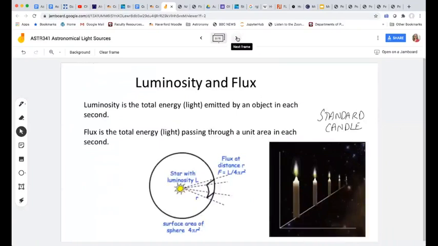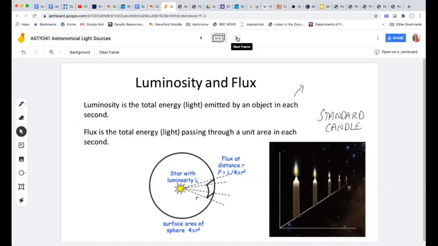Okay. And a reminder also about luminosity and flux. So luminosity is going to be the total energy emitted by an object. So this actually has units of energy per second, right? And then the flux is what we detect, basically. It's the energy per second per unit area.